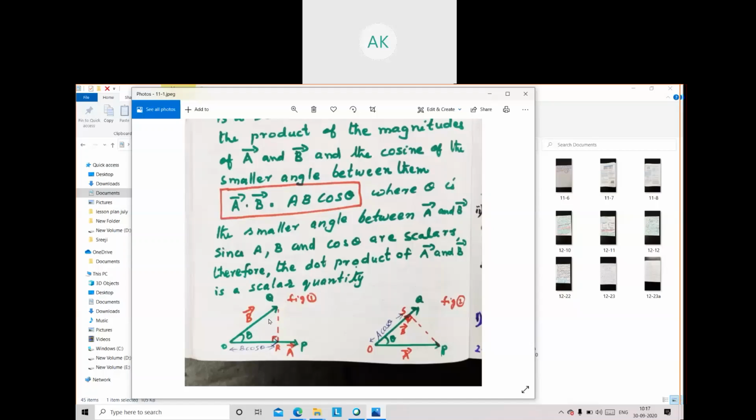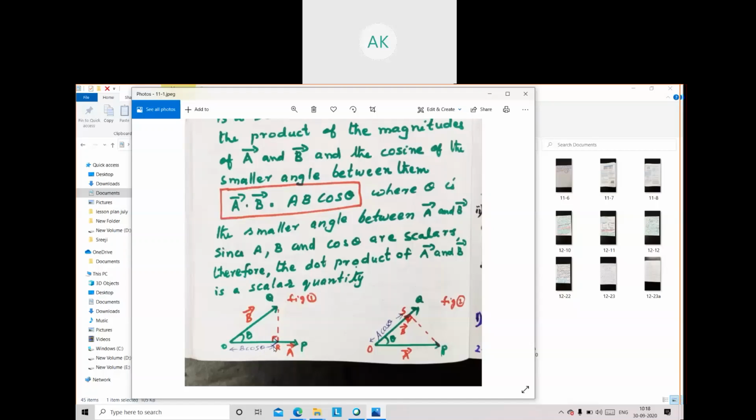We have studied resolution of a vector into rectangular components. When we resolve vector B into rectangular components, one component we get here and one component we get along the y-axis. That is B sin theta. And the nearby component will be the cos component. So this is B cos theta. This component of vector B in the direction of vector A is B cos theta.